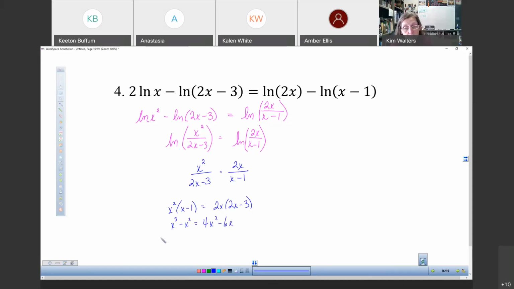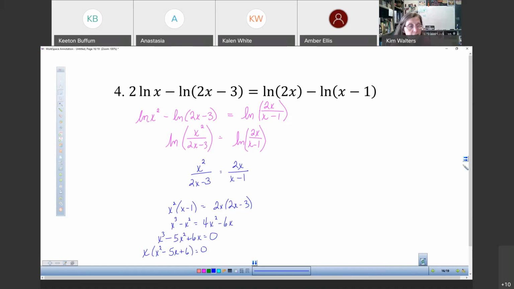It is still a polynomial, and so I'm going to move everything over here to one side and set it equal to 0. So this is going to be x cubed minus 5x squared, and then plus 6x is equal to 0. When I get ready to solve this, I factor the x out. There we go. We have a greatest common factor. See, that's not so bad.